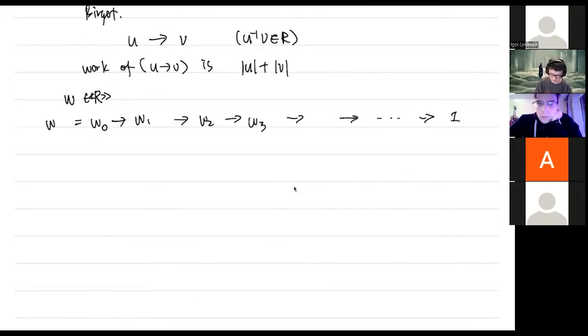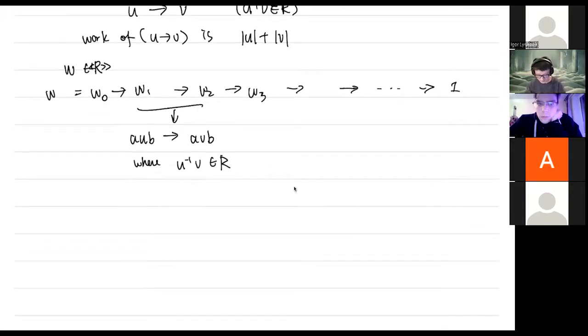In every step of the derivation, for example this step, we replace a word of type AUB by a word AVB, where U inverse V is inside the set R. And so the work of any step is equal to the sum of the lengths of U and V, regardless of the other words A and B.